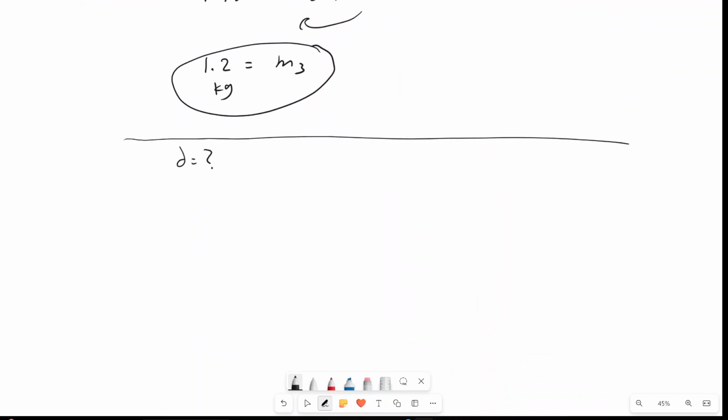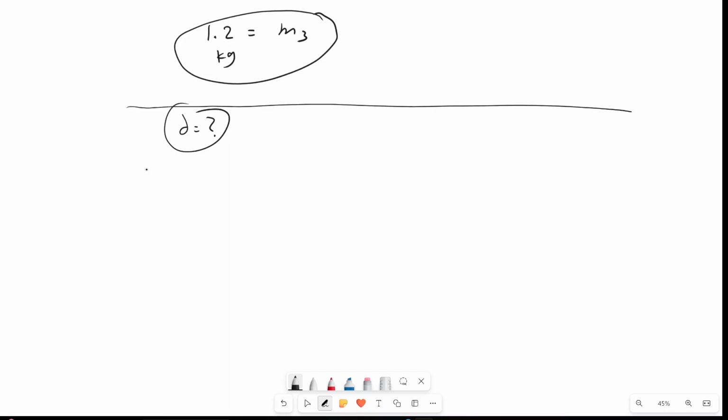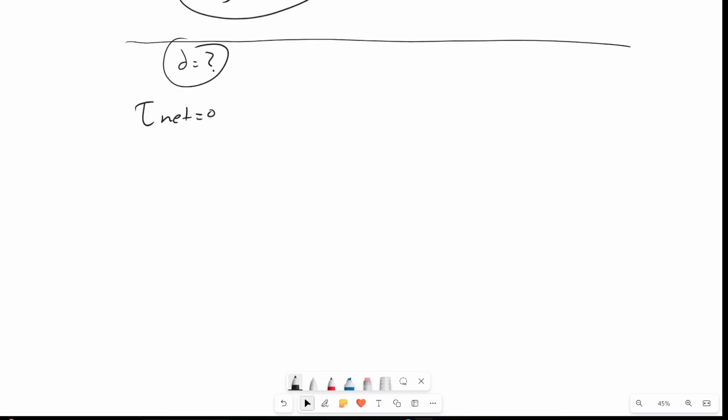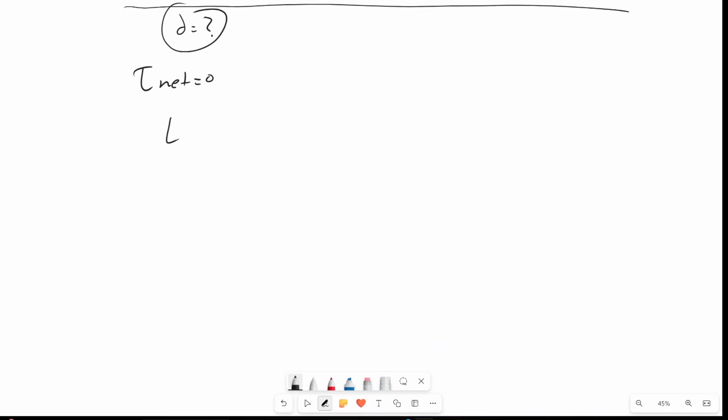This mass that we had here, where is it exactly? For this one, because I need distance, I cannot use translational equilibrium. I'll have to use rotational equilibrium, because rotational equilibrium contains distance in it. The torque that goes up, which is torque T, the torque by the tension of the string, equals all the other torques: torque 1 plus torque 2 plus torque 3.